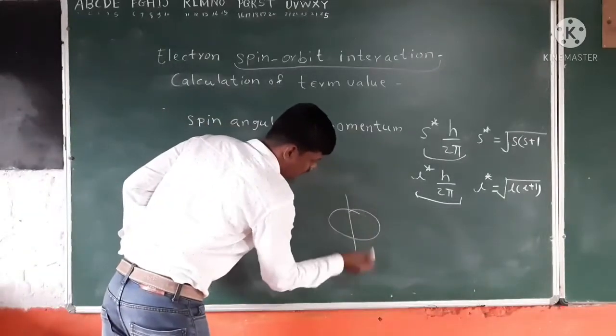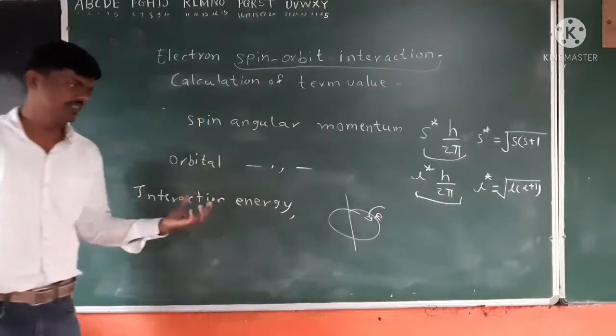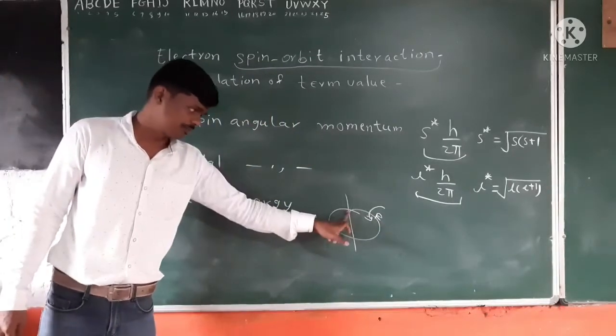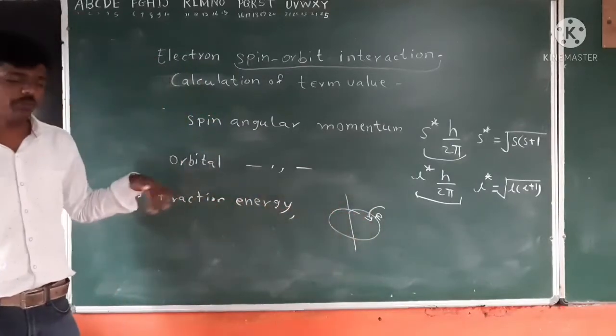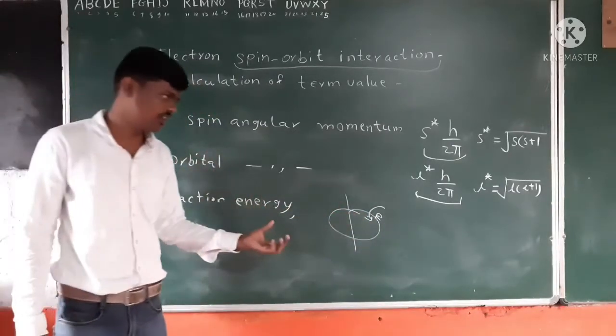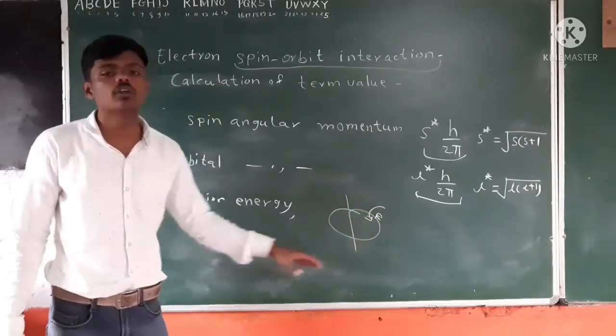We know this orbit, this electron spin. This interaction energy is the interaction between orbit and spin. It mainly changes the system's kinetic energy due to the precession of this electron around the magnetic field.